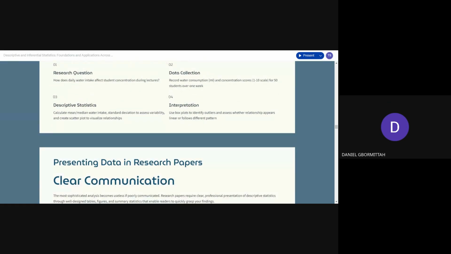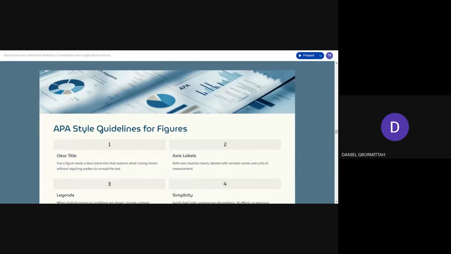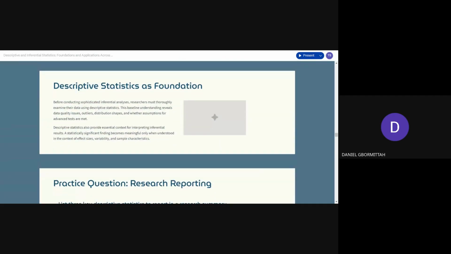What it means is that if you are given some data and they ask you which descriptive statistics you will use, you should be able to justify why you are using a particular descriptive statistic, or why you are representing them using a particular graph. I think this one is something that you can do.